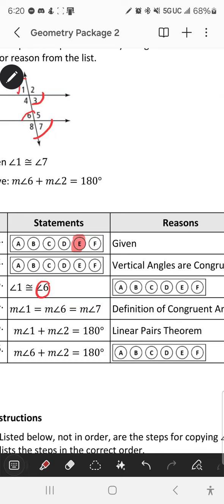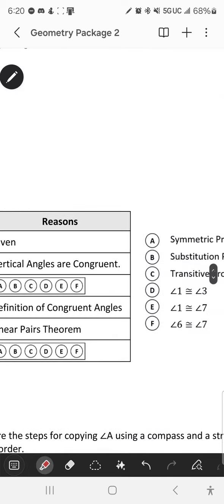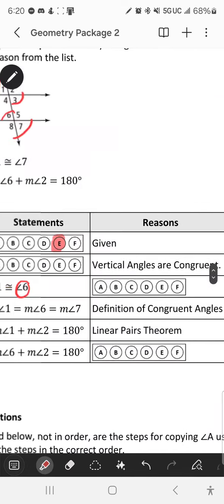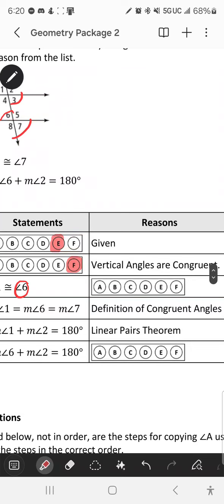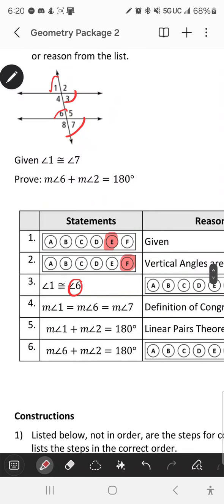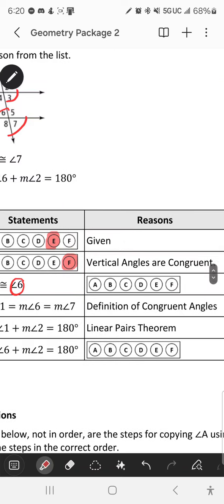So the one that I will use in this case is 6 and 7, which is F, because if we use 1 and 3, then we are not doing anything with the 3. So we want to incorporate the 6 somewhere. So that's the reason I will do F.